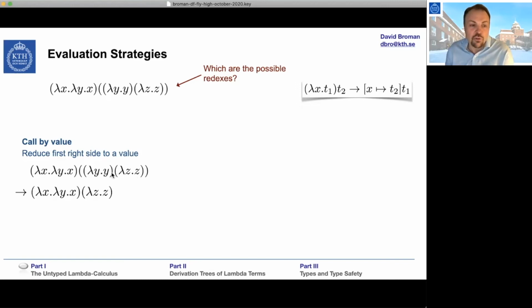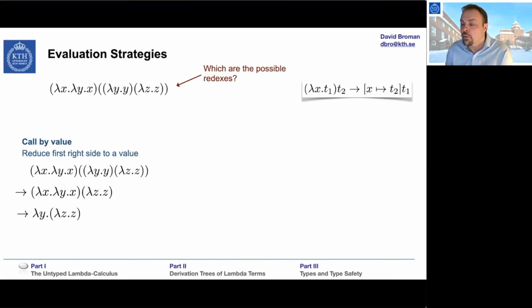So if you reduce that, you see that we substitute this lambda function here into y, and then we remove this lambda, and then you just have the lambda with z left. And then you can reduce the next one, so you substitute that, and then you get y and the lambda z. So this will be an evaluation strategy for call by value.